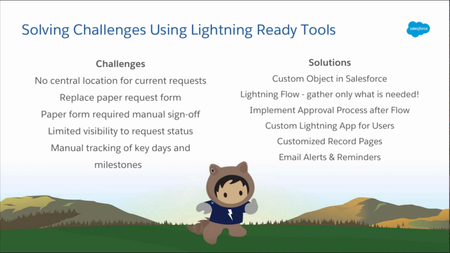And then leverage the related features in Lightning record pages and be able to use reports and dashboards to help track our engagement points around key dates for when the product needed to be returned or if it needed to be invoiced and items like that.